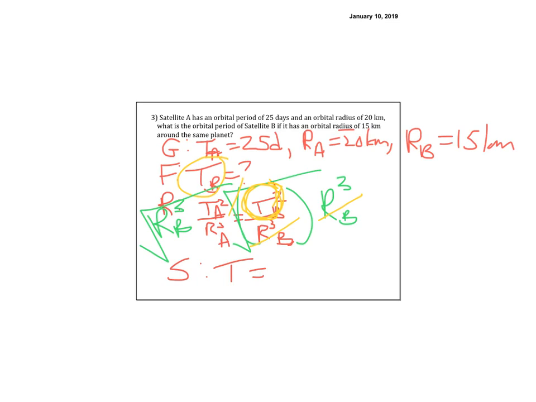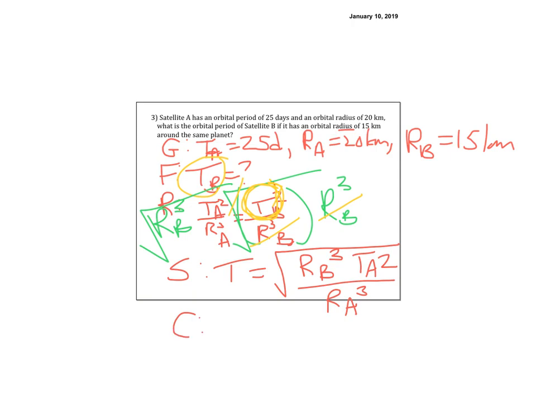So T is equal to the square root of RB cubed, because remember, we multiply by that, and then the ratio we had left. So TA squared over RA cubed. Whew. All right, we're almost there.